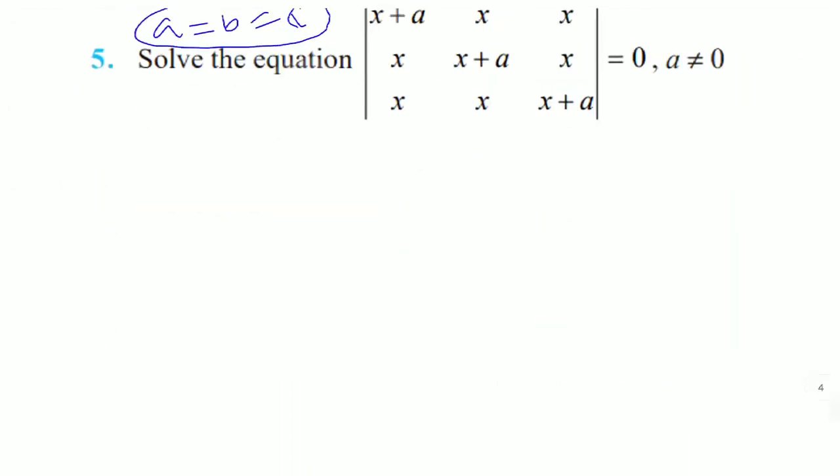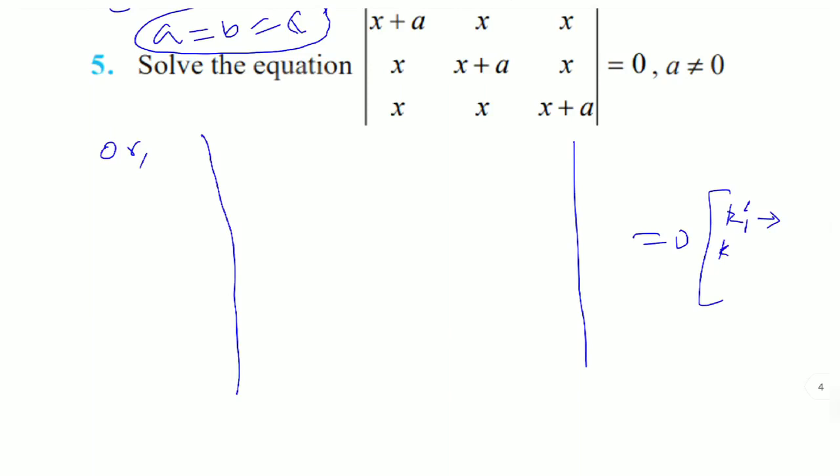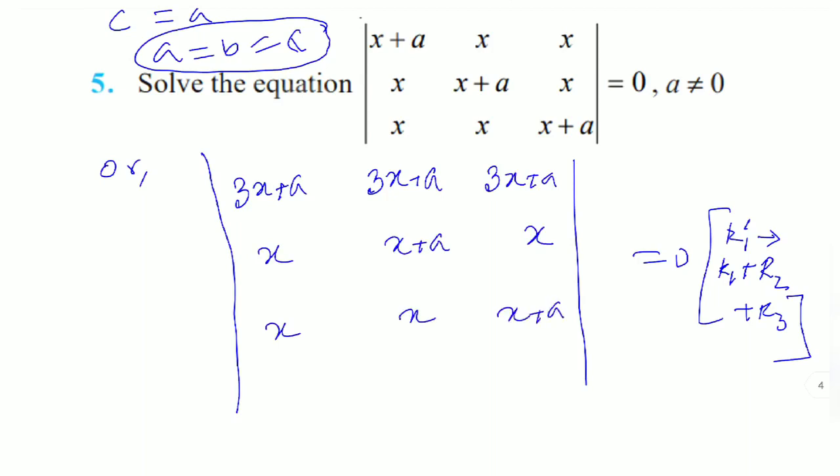Again, we have to solve this equation. Suppose what we need to do here is to add this determinant. You just add row number 1, R1 equals R1 plus R2 plus R3. So what you will get is 3x plus a, again over here 3x plus a, and over here 3x plus a equal to 0, and you have x plus a, x and x plus a, right?